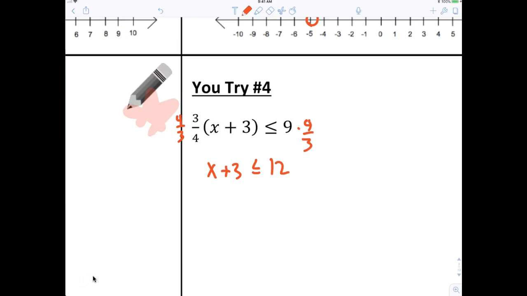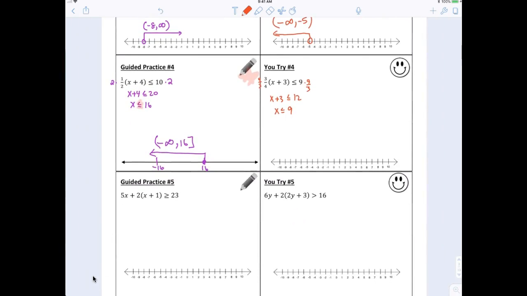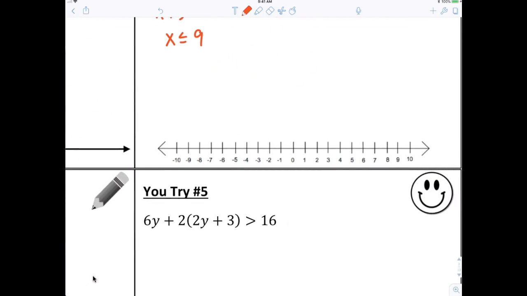Now I'm doing what? Oh, subtract 3, so x is less than or equal to what? 9. All right. So less than or equal to 9 is a solid dot going to the left. -infinity to 9. Look at the bracket, please.